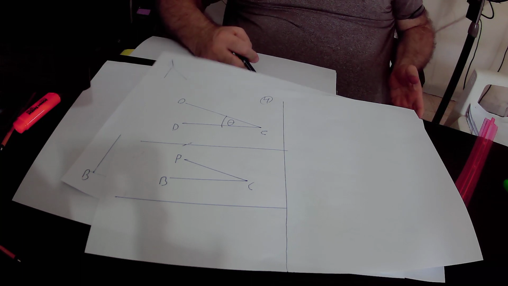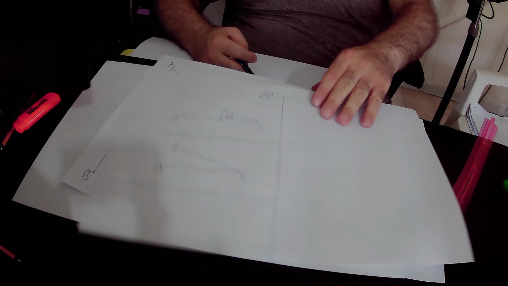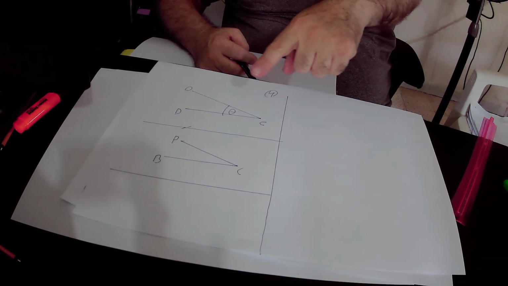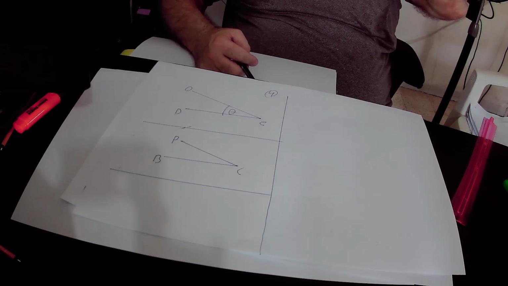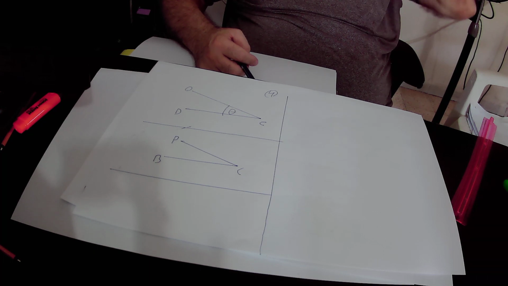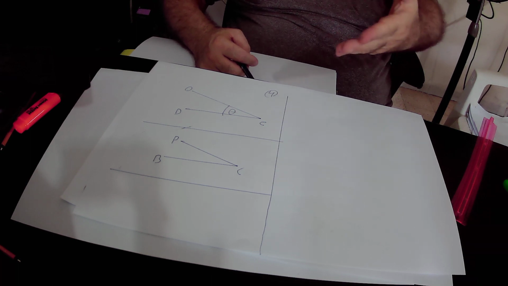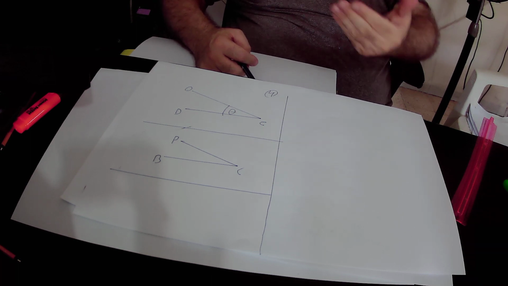So therefore, when two angles share a common leg, and the other leg is not located on the same straight line, it means the two angles cannot be equal to each other.